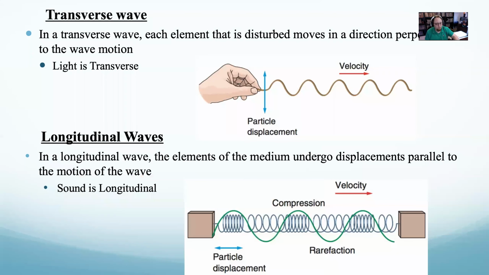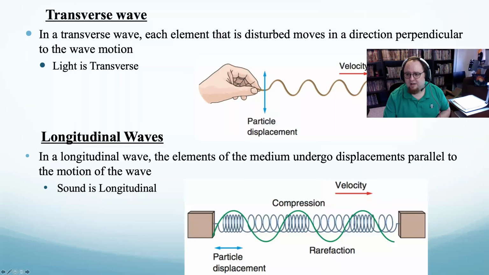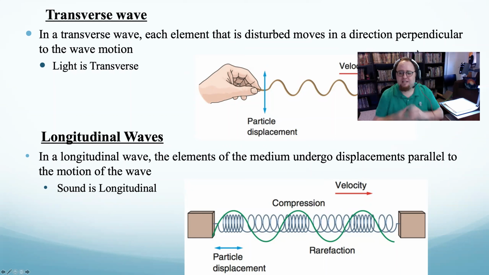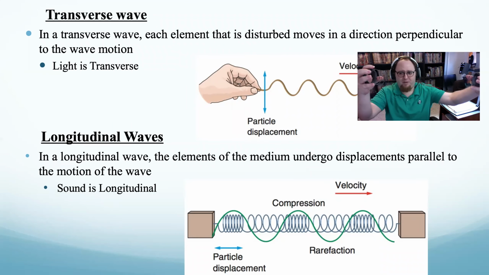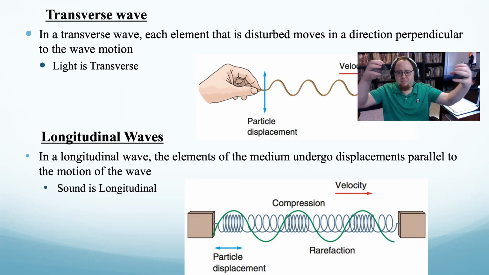A longitudinal wave is one where the disturbance is in the same direction as the movement. If I take a slinky and push towards it and make it bounce back and forth, that's a longitudinal wave. You have areas where it's more compressed and areas where it's less compressed, known as rarefaction.